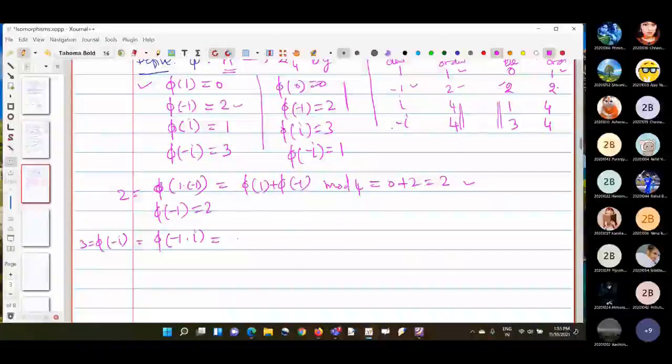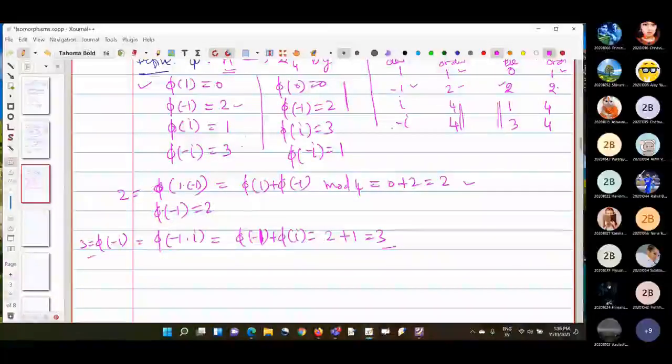Let us see: phi of -1 by definition is 2, and here it should be plus, and plus iota, which is 1. So this is equal to 3. You see, 3 is also here, 3 is also here. Okay, so similarly, you can verify other things also.